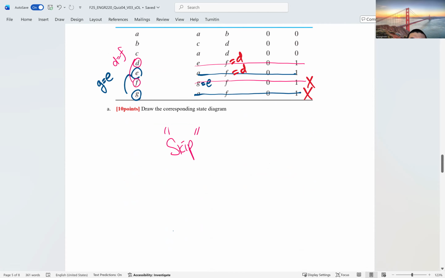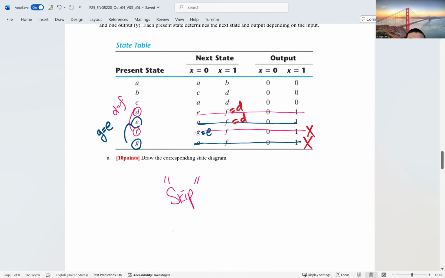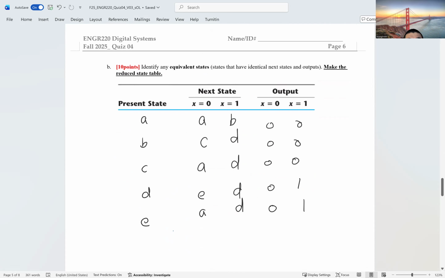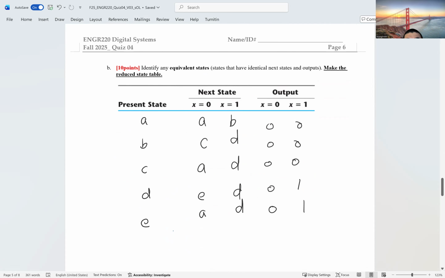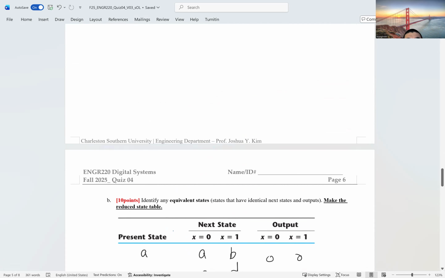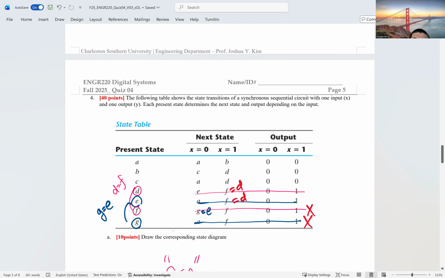So first of all, I'm going to skip part A, so you can draw it yourself. The second one was to identify any equivalent circuit and reduce the state table by state reduction. As we learned before, I'm going to explain it step by step here.